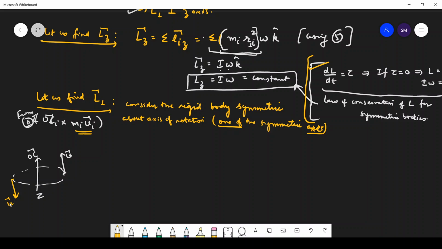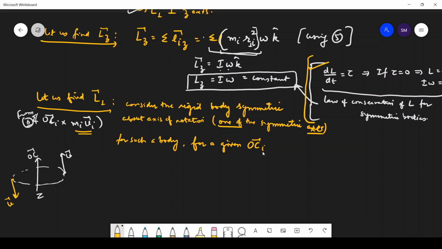So for such a body which is symmetric, which is rotating about one of the symmetric axes, students, this is a very important discussion. These are one of the tools of doing calculations, doing derivations in physics.